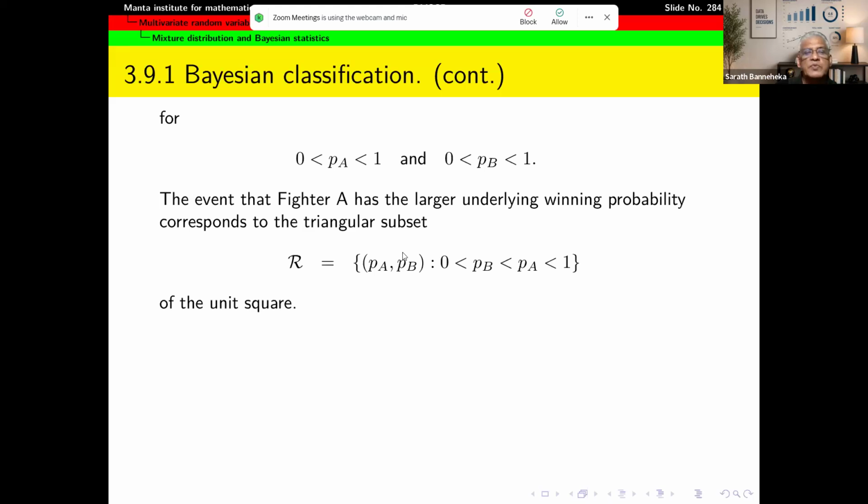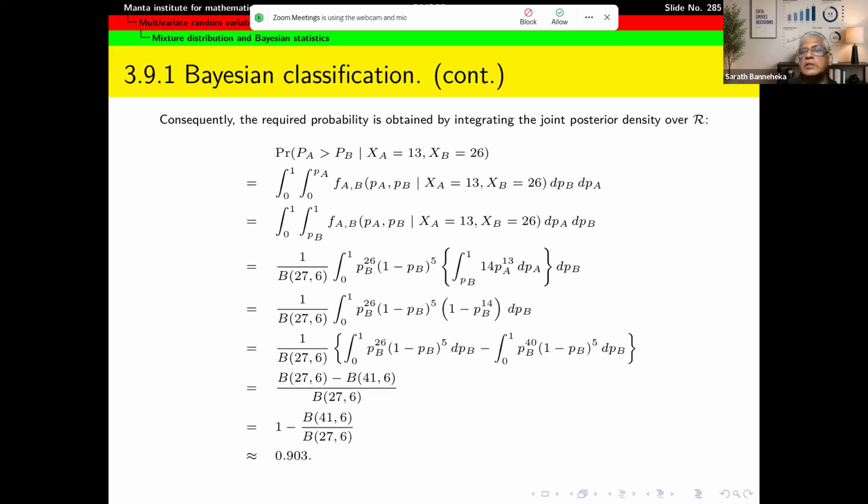So it's a subset of the unit square. In order to get the volume under the joint density function over that region R, we have to integrate the joint density function with respect to PA and PB. I am integrating with respect to PB first. In that case, the limit will be going from 0 to PA, because PB is between 0 and PA.